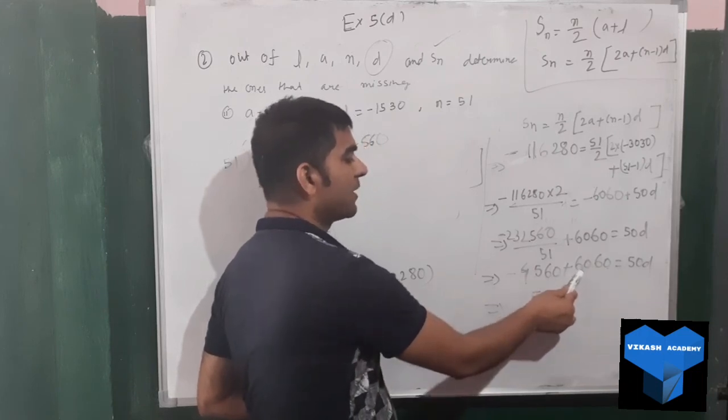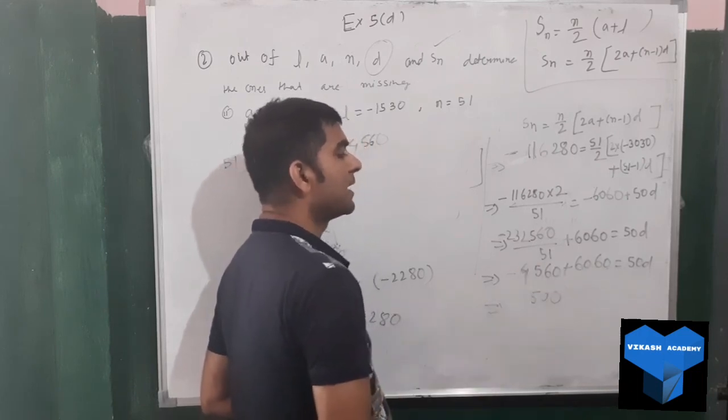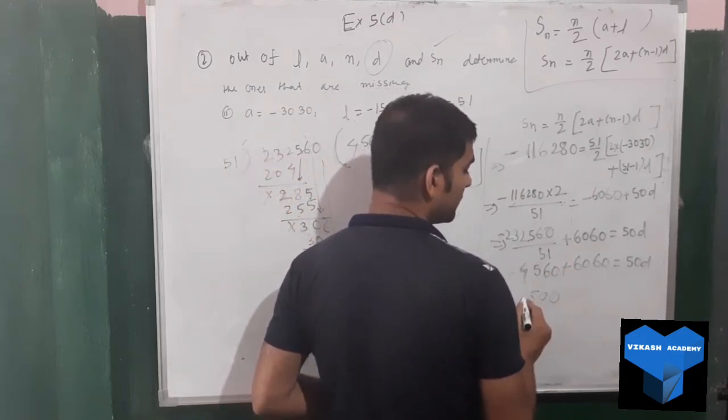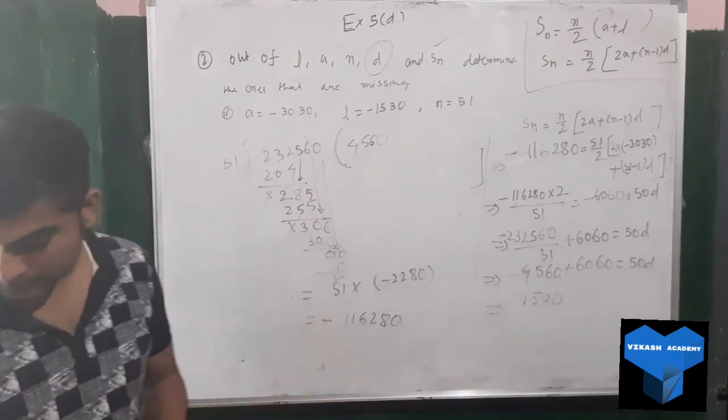Then we have 5, and 5 minus 4 will be 1. So we are getting this value 1500 for 50d.